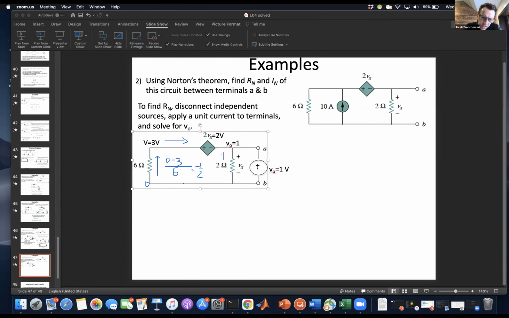And then there's half an ampere flowing down here.